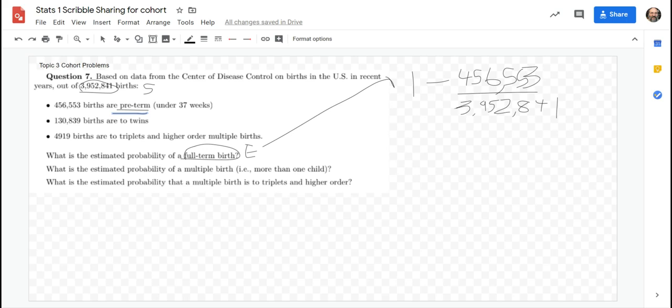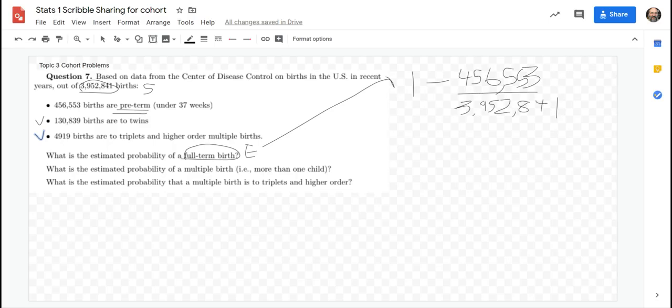All right, so let's move on to the second one. What is the estimated probability of a multiple birth? Okay, let's figure out the event. We need a multiple birth, can be twins or triplets or higher. In other words, everything in those second two lists is eligible.